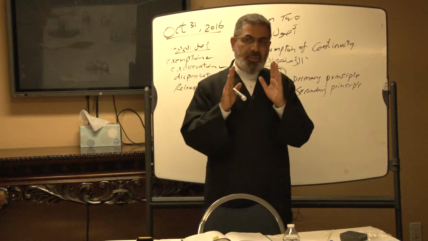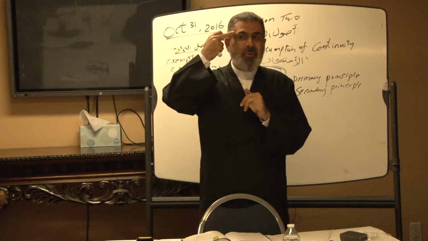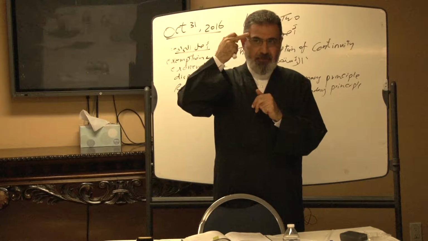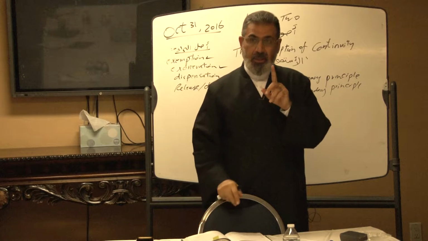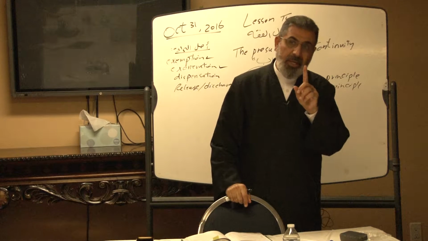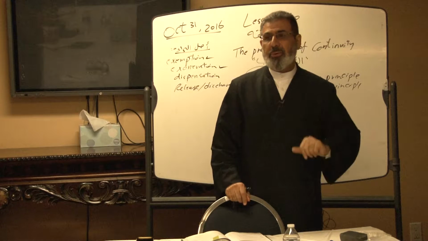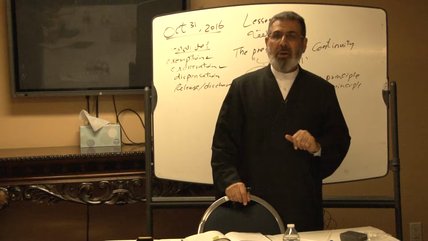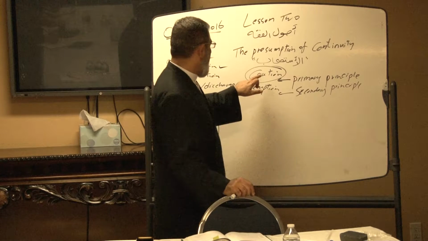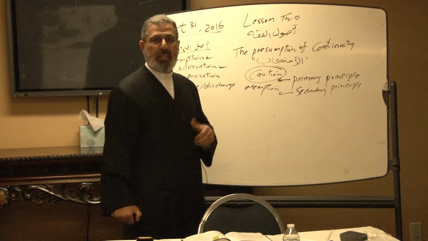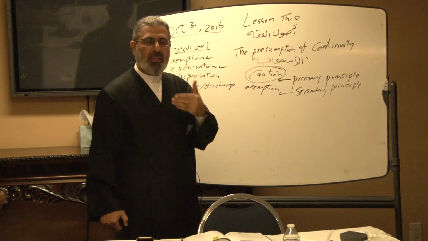You come across a situation where you have no previous knowledge about it. Okay? You have no previous knowledge about it. That is called initial doubt. In the initial doubt, what do you use? Do you use ihtiyat or exemption? Give me an example of an initial doubt situation.